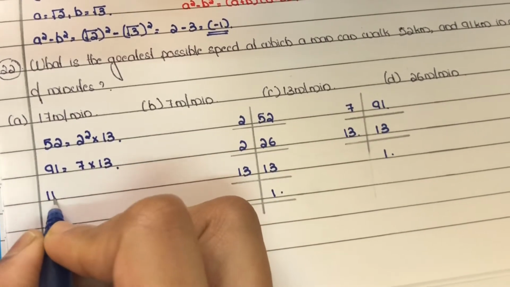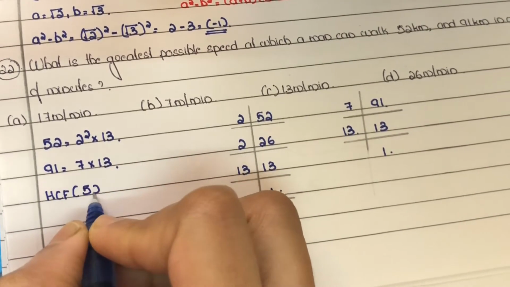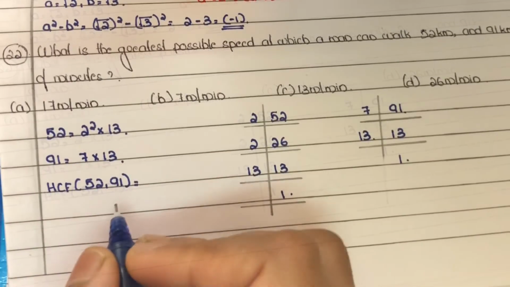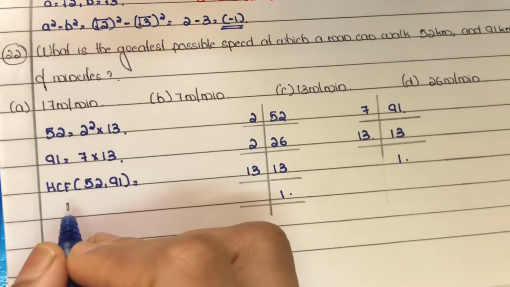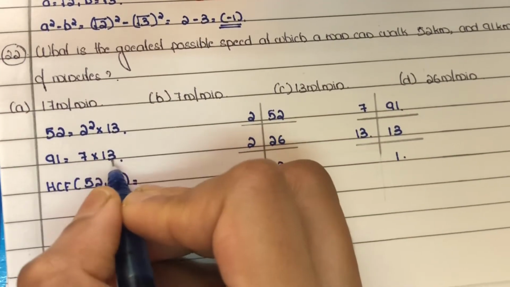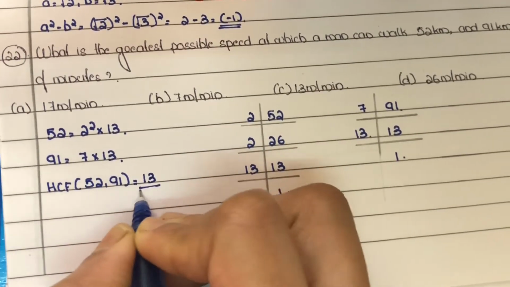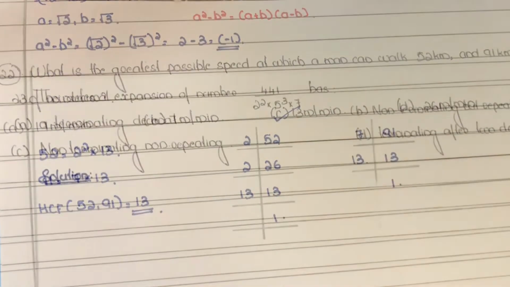Now HCF of 52 and 91 is equal to, now what is HCF? HCF is the product of the smallest power of the common factors. So here the common factor is 13. So the answer is option C.